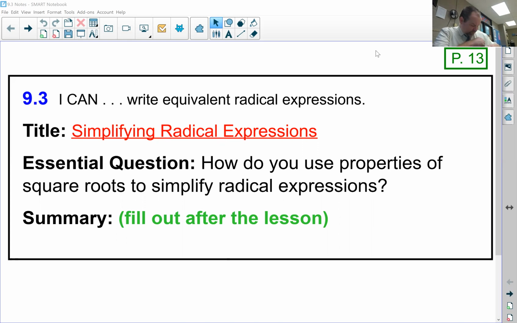Next week, we will have a review and a quiz on 9/1 through 9/3. So again, another opportunity to improve on your score, your grade, or maintain your good grade if you're there already.